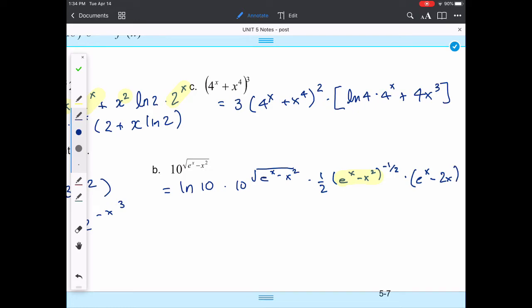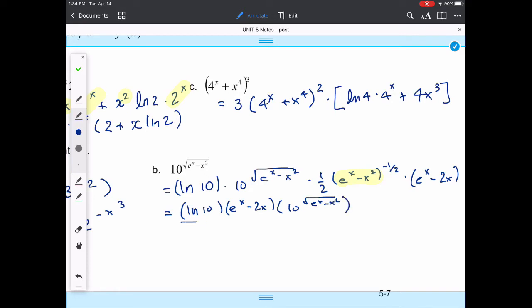We can clean this up, right? So let's see what goes on the top. Well, we have the ln of 10. Put brackets around ln of 10, right? Moving further along, we're going to have e to the x minus 2x. And we also have the 10 to the root of e to the x minus x squared.